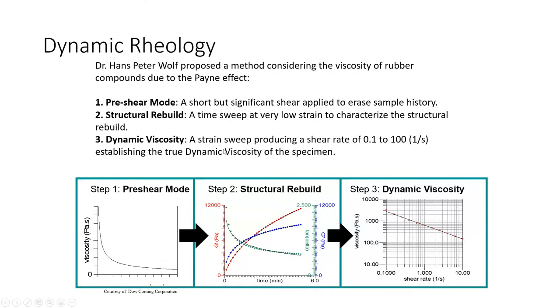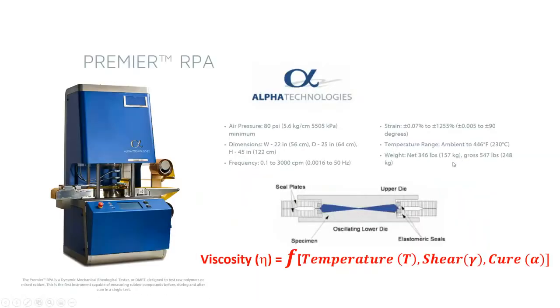And we generally do a strain sweep through, 0.1 to 100 reciprocal seconds is a good place to be. Okay. And then we can extrapolate out to higher shear rates based on that number. And I'll show you how to do that. So let's go back to the Premier RPA.